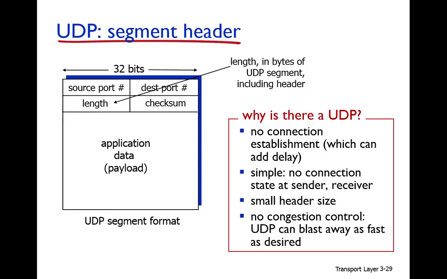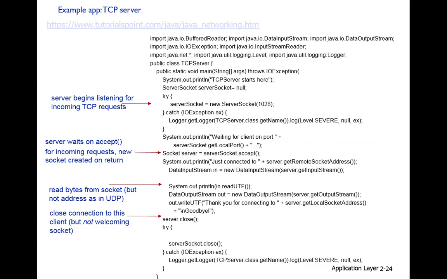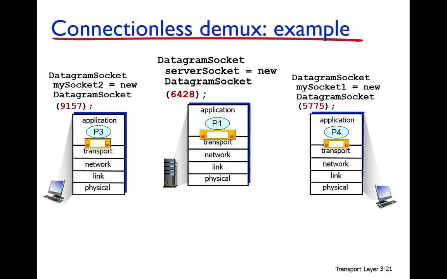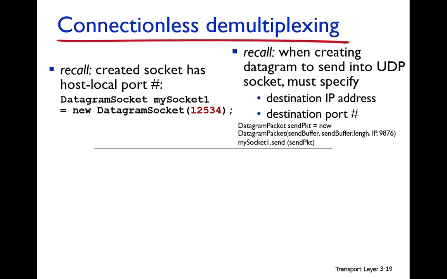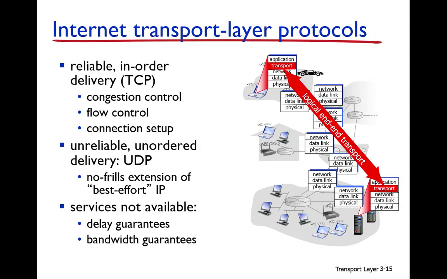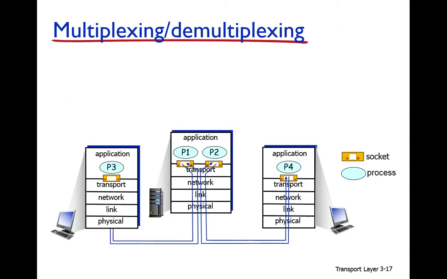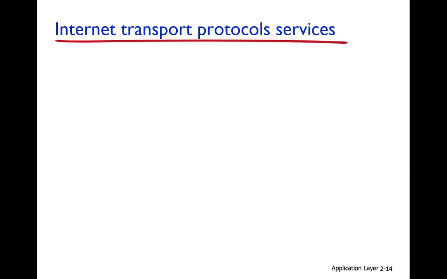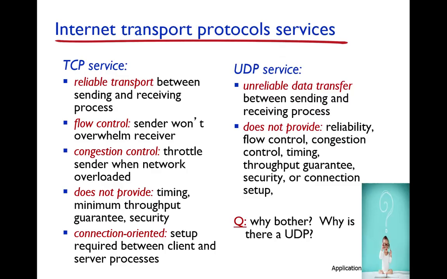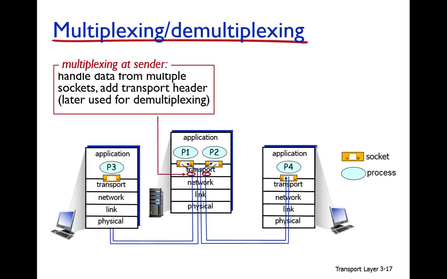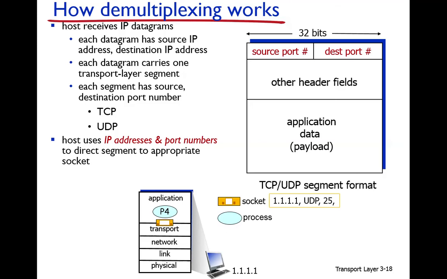So now we are going to discuss the UDP header. As we have discussed, if you do remember, in the transport layer there should be some header information. The transport layer must have a source port number and destination port number, and other fields that depend upon the protocol.